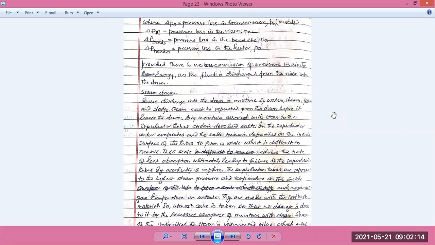Let us start our class today with the steam drum. In the discussion of the movement of fluid, like vapor, water, and the vapor-water mixture in the boiler system, we have gone through the downcomers and risers.